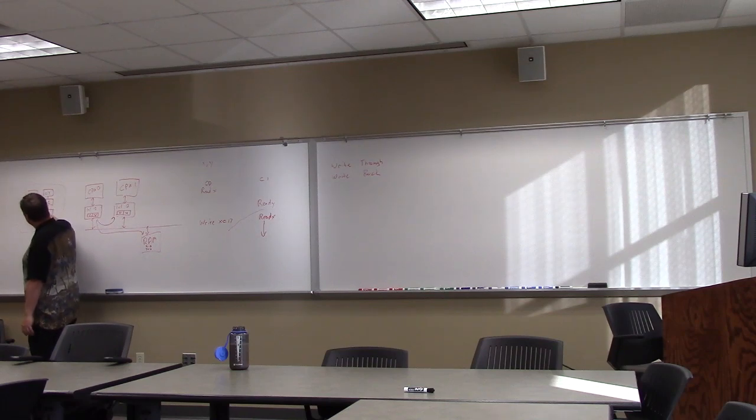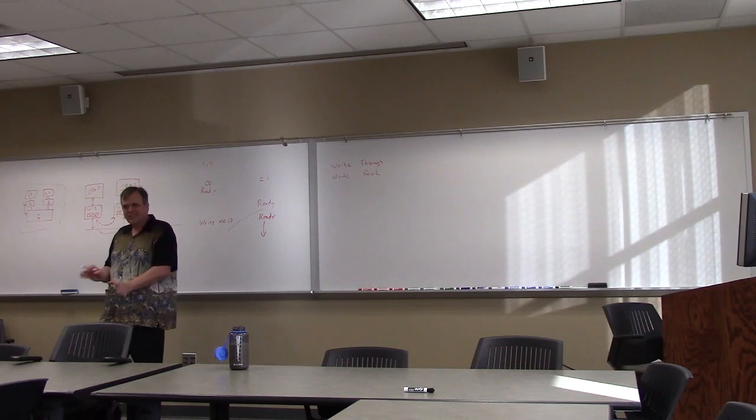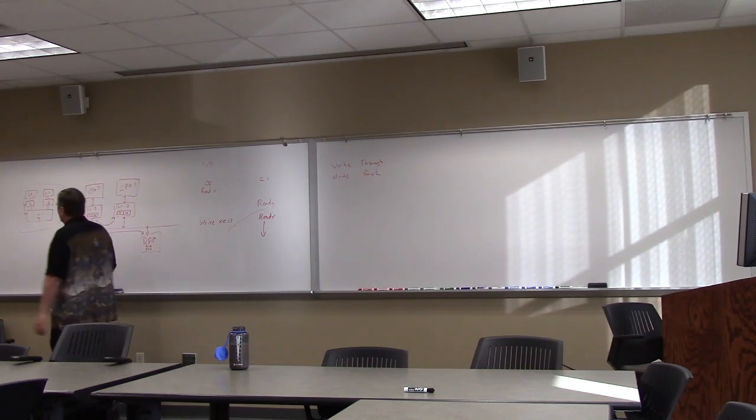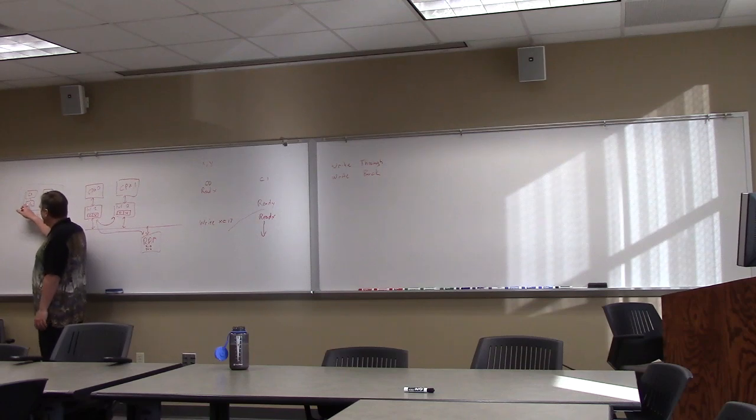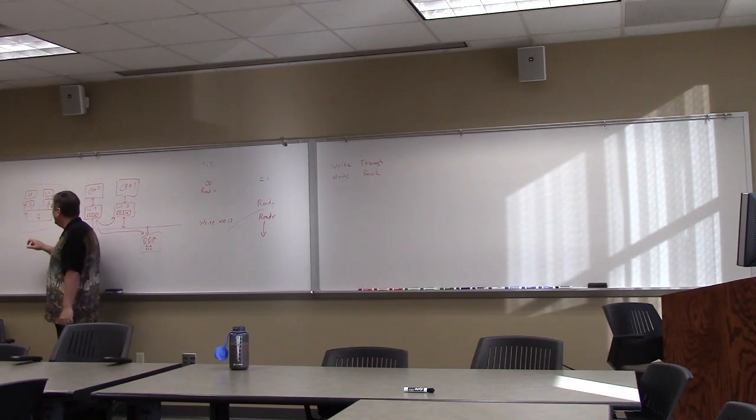It's supposed to be really streamlined. It doesn't want to try to maintain, is this dirty, do I have to update things? That's extra work, and extra work means it's slowed down. So this needs to be really fast and efficient, and write through gives you lightweight operation. So this one we typically do write through.